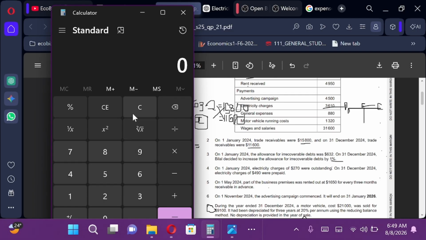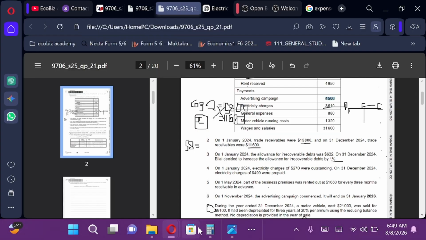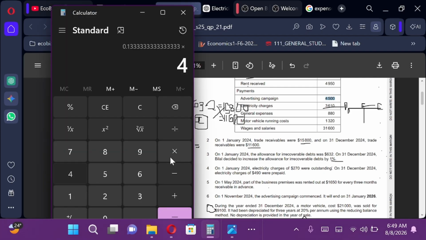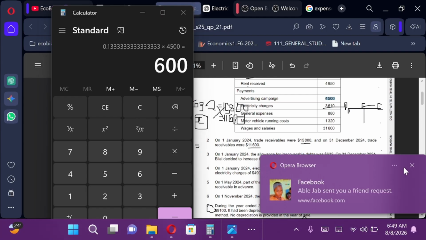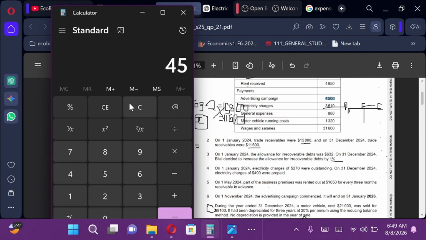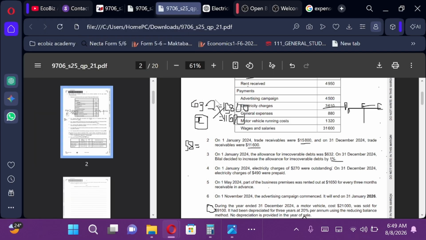This is because, quick summary, 2 divided by 15 multiplied by advertising campaign, 4,500, gives $600. But this 600 is for the beginning of the year, and we want the end of the year. So we take 4,500 minus 600. We get 3,900. That's the amount for advertising campaign.